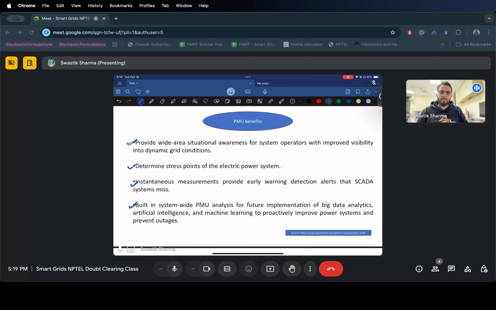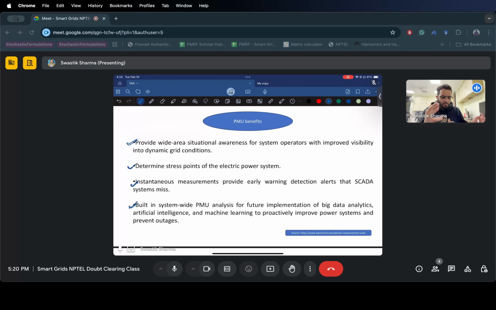Also, since you have PMUs, you can have more data, and you can employ this data using big data analytics techniques such as machine learning or some artificial intelligence technique, where you can generate short-term load forecasting data, or develop some algorithm to have better observability.